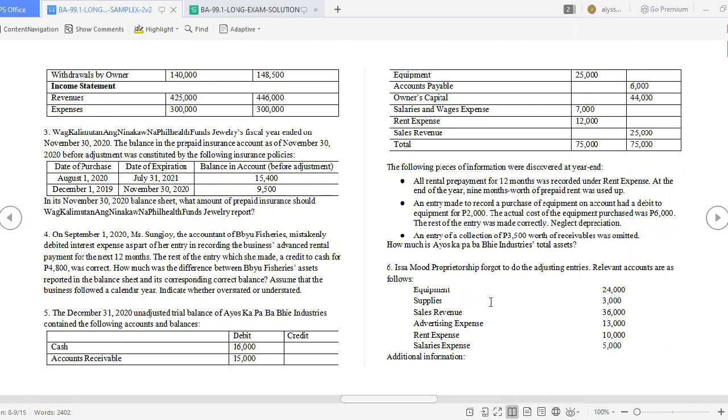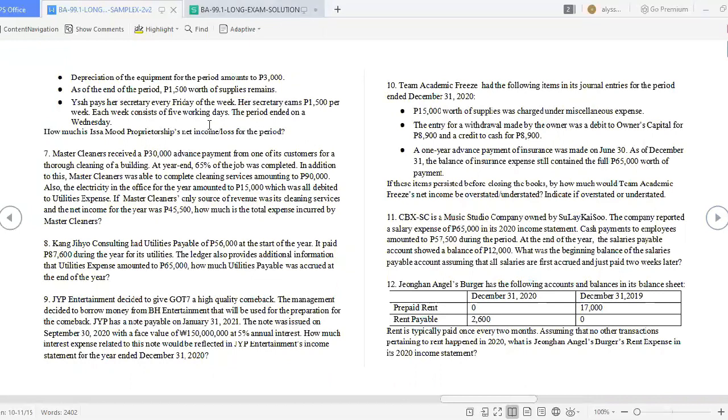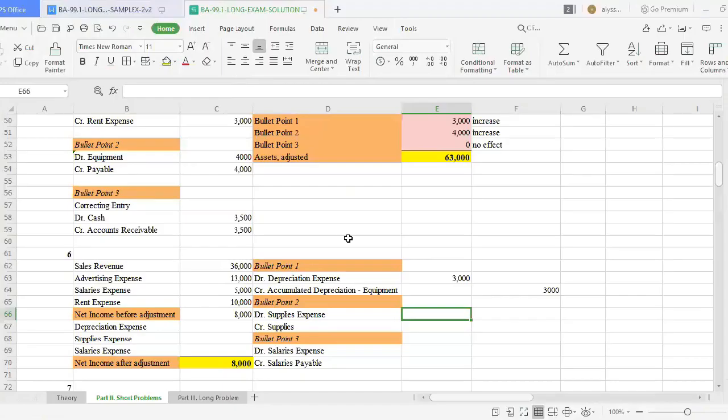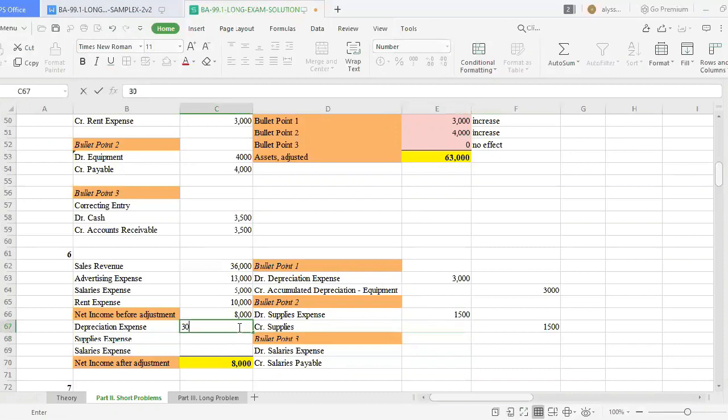So from what we know, the total supplies is 3,000, and at the end, it's only now 1,500. So we record the 1,500 as expense. So we credit supplies 1,500, then we debit the supplies expense. Here, depreciation expense of 3,000, supplies expense of 1,500.